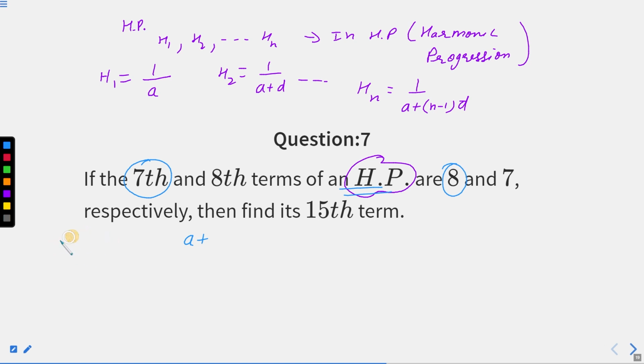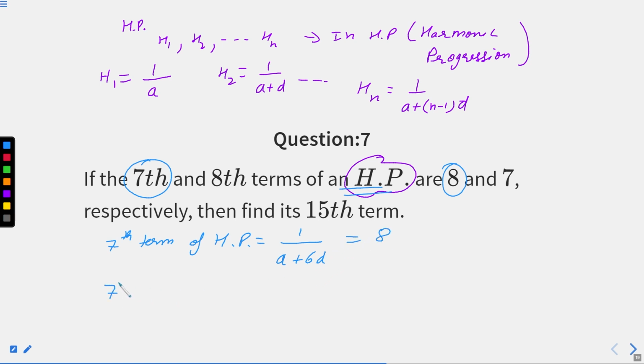Let me calculate the HP term directly. So the 7th term of HP will be 1 upon the first term of AP plus 6 times the common difference, and it is given as 8.